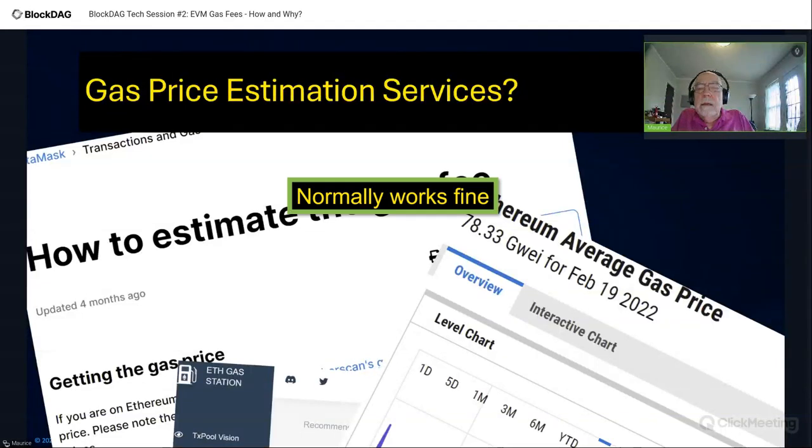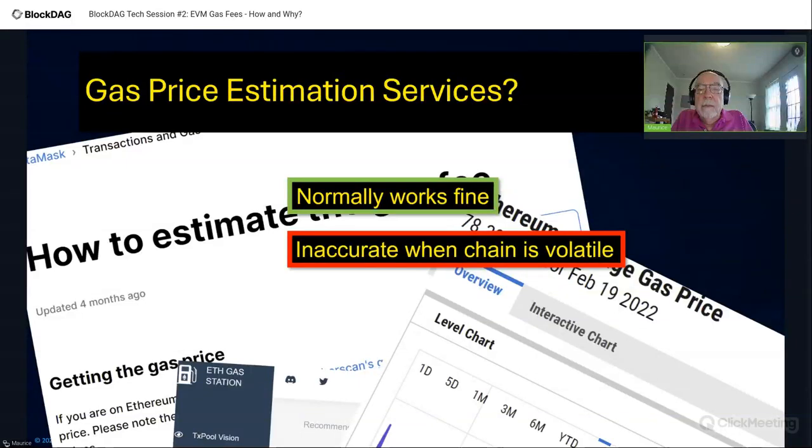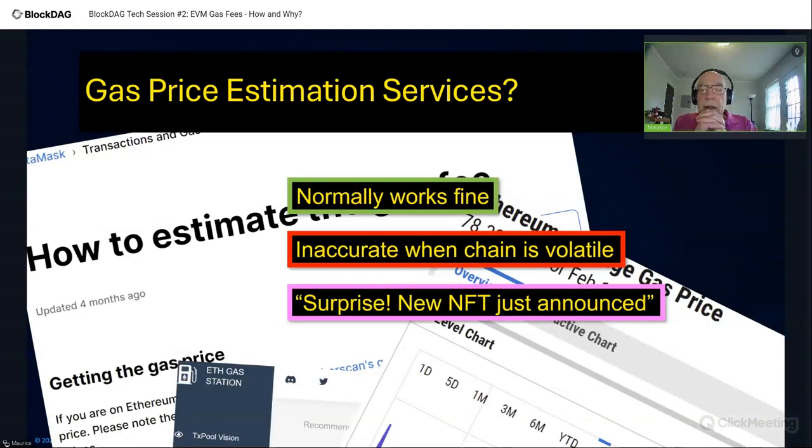And normally, these estimation services work just fine. But when the chain becomes volatile, which happens more and more often as the chain becomes more popular, again, somebody issues an NFT or an IPO or a cute kitten game, then they become inaccurate and not terribly helpful.